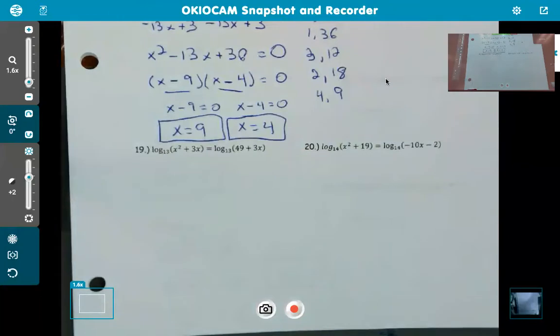The steps are still the same, right? We're still setting it equal on either side. But then some things might cancel out that are a little bit different.